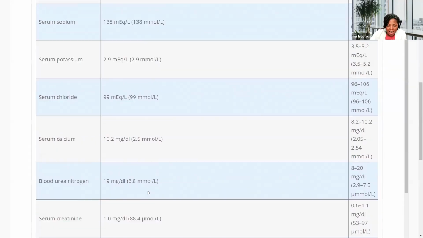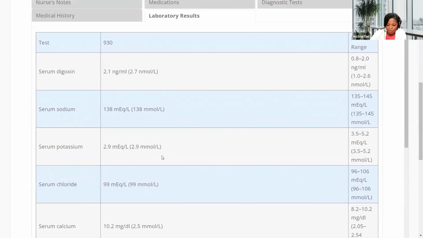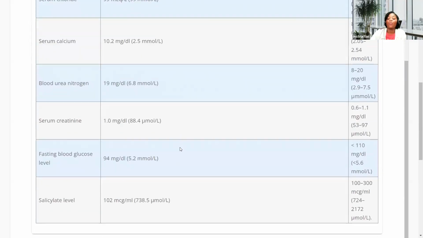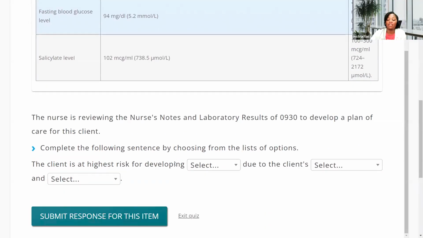The things that stood out to me, and hopefully stood out to you, as abnormal findings, guys, were that the potassium was low and the digoxin was higher than the norm. So that's a big deal. Okay. So what does that put our patient at risk for developing?